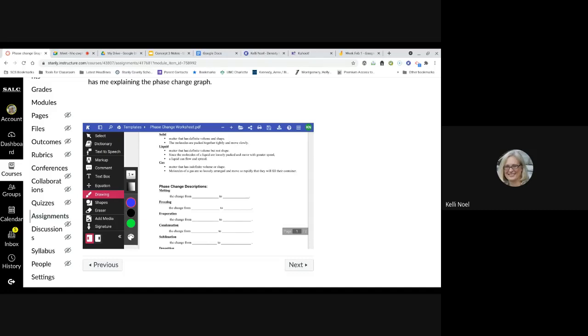Right, evaporation, or vaporization, is liquid to gas. And that little triangle we filled in will help you. Condensation is gas to liquid.